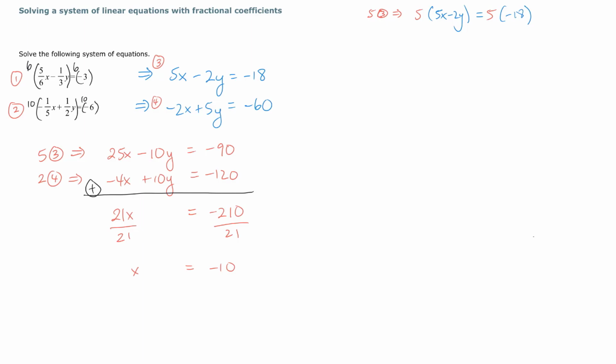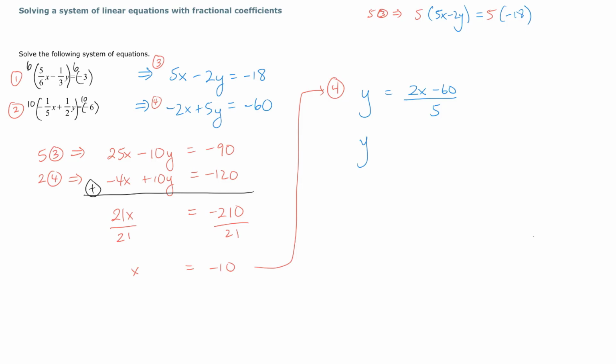Now we've got to find y. There are so many choices. Why don't we pick equation 4 to find y? Solving for y there, we get y equals (2x minus 60) divided by 5.